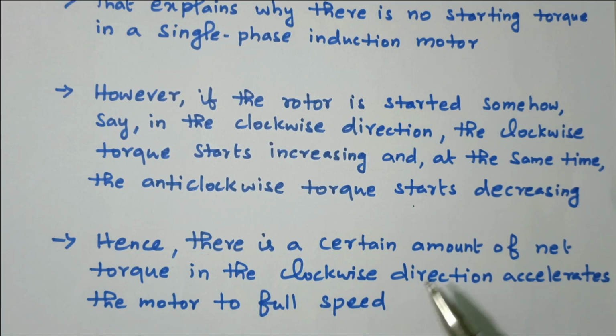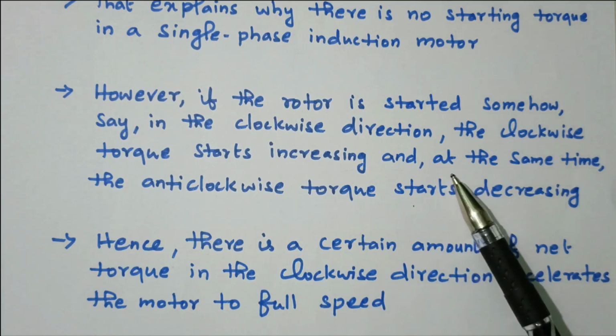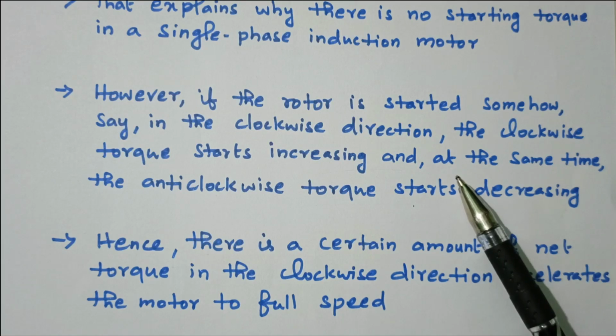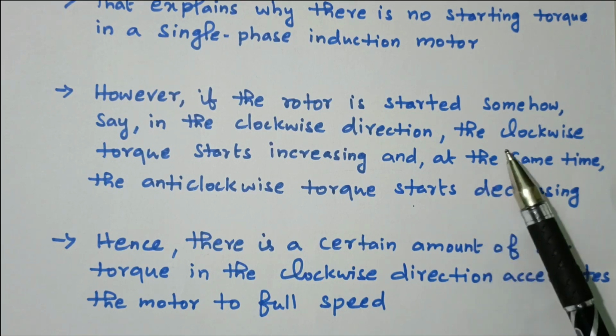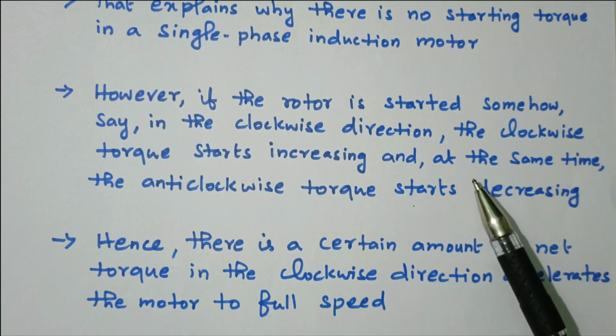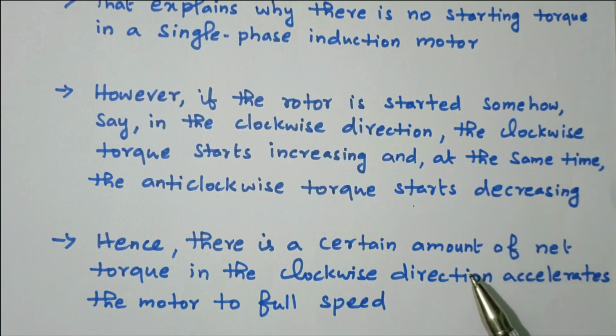So if we start it by any other manner, that's why we are using a starting winding, so that the motor is started by the starting winding. Thereafter in the clockwise direction there will definitely be some torque produced. The torque will accelerate the motor to the full speed. That will guide the motor to rotate at full speed.